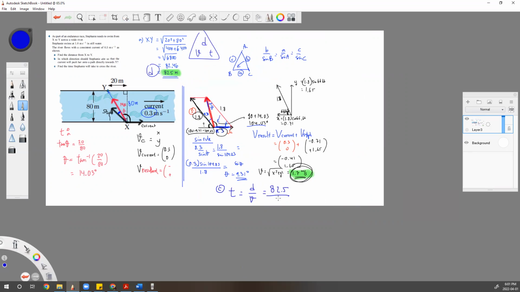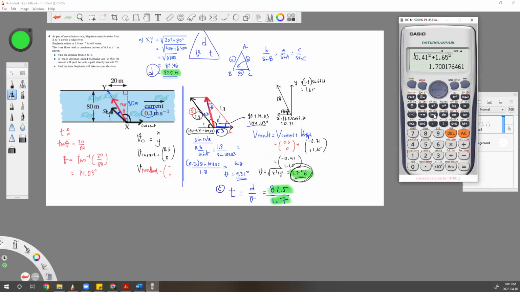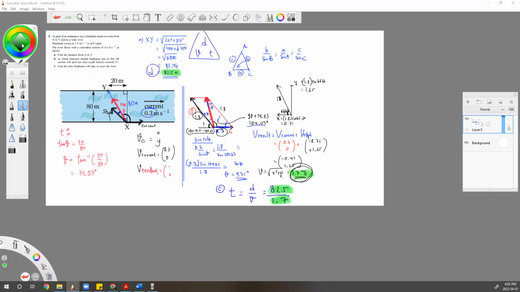Distance is 82.5, the velocity is 1.7, right? The green highlight, distance over speed. 82.5 over 1.7 is 48.52. Okay, 48.52. What's the answer key?